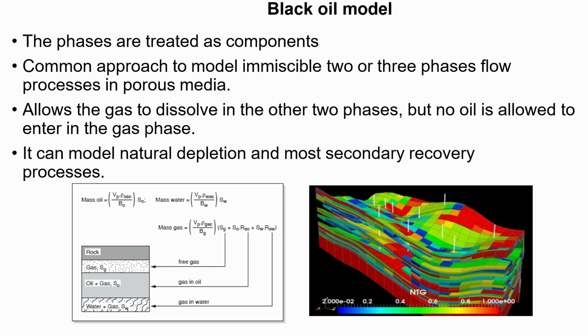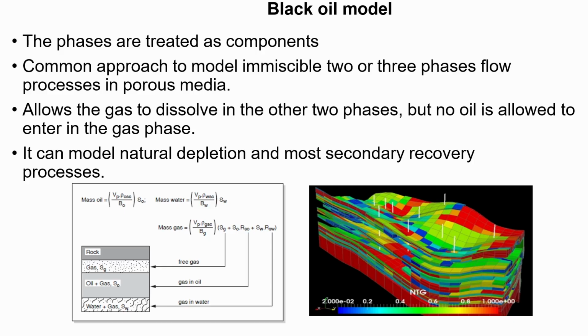Now we move to fluid modeling. The black oil model is a common approach for simulating immiscible 2- or 3-phase flow in porous media. In this approach, the phases are treated in a simplified way. Gas can dissolve in oil and water to some extent, but the full detailed chemical composition is not tracked explicitly.